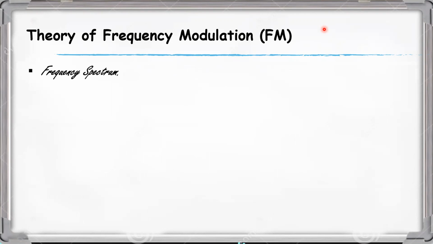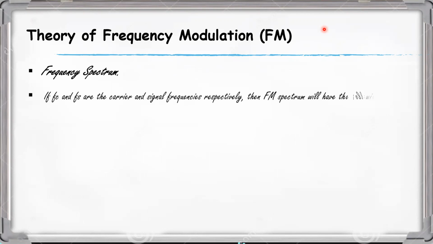Next is the frequency spectrum of frequency modulation. If Fc and Fs are the carrier and signal frequency respectively, the FM spectrum will consist of the following frequencies: Fc and Fc plus or minus Fs, Fc plus or minus 2Fs, Fc plus or minus 3Fs, and so on.